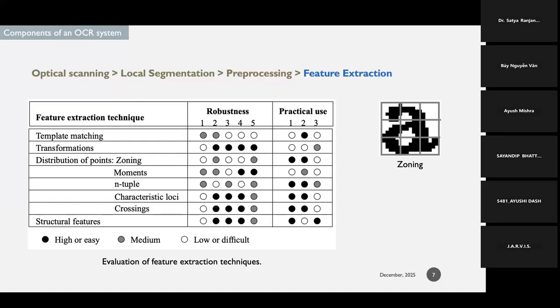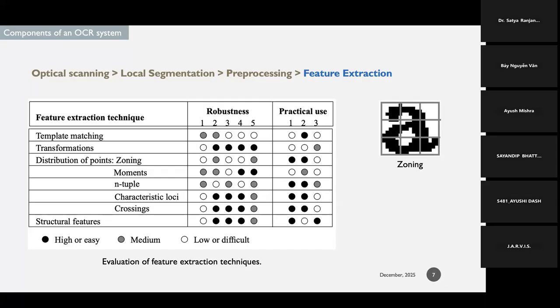The third is style variation: sensitivity to variation in style, like the use of different shapes to represent the same character, or the use of serifs, slants, and so on. The fourth will be translation: sensitivity to the movement of the whole character or its component. And the last one is rotation: sensitivity to change in orientation of the character, right?